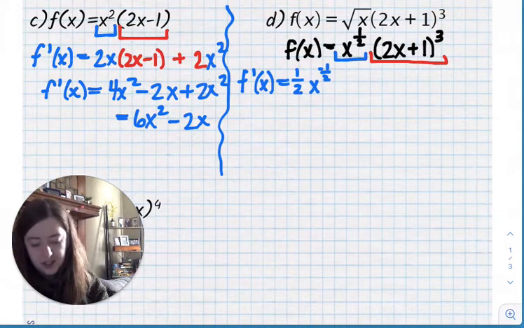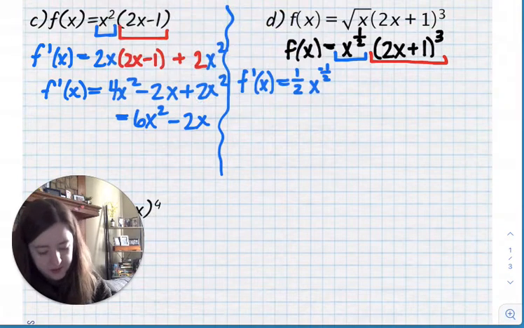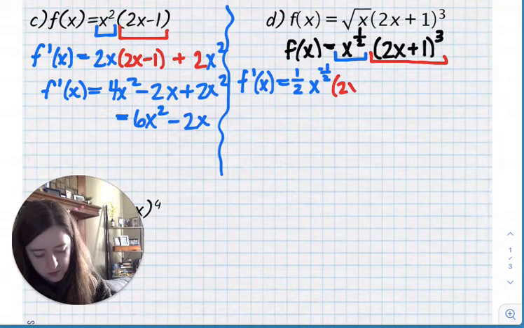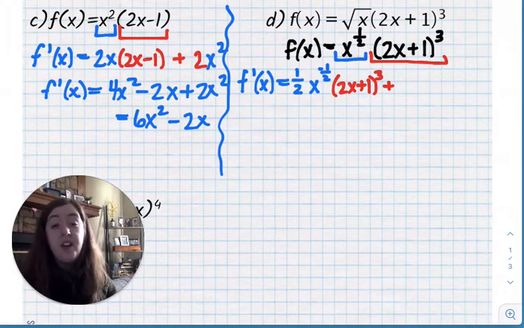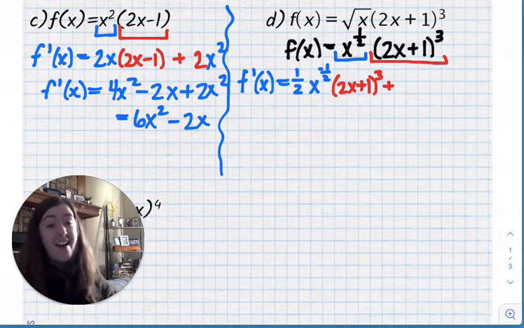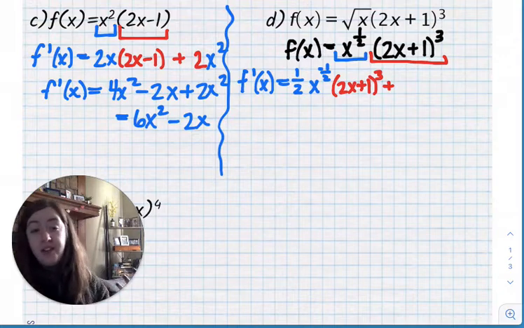Derivative of the first times the second. So 2x plus 1 cubed plus. Now we have to do the derivative of the second. So this guy has a chain rule because I have a function inside of a function. So we'll do the outside first.